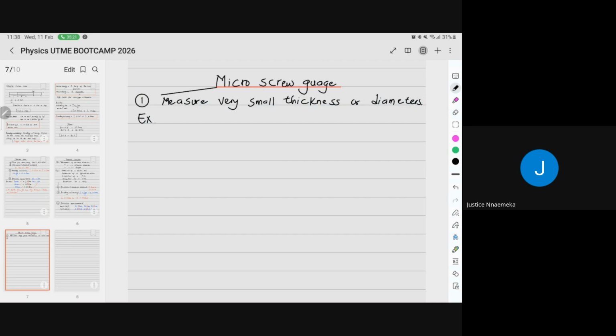Vernier caliper. So examples of such include, if you are measuring the diameter of a thin wire, the thickness of a paper, the thickness of a sheet of paper, or the diameter of a small metal rod.